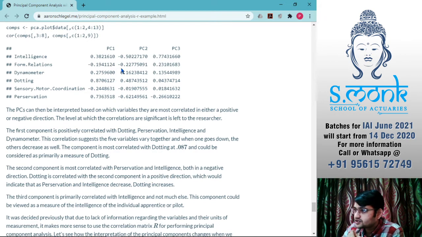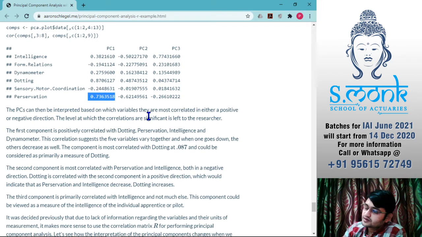So here you can see the most correlated variables: PC3 for intelligence, then again PC3 for form relations, but PC1 for dynametrics, PC1 for dotting, here again PC1, and here again PC1. So you can interpret which particular component is better for which kind of variables.